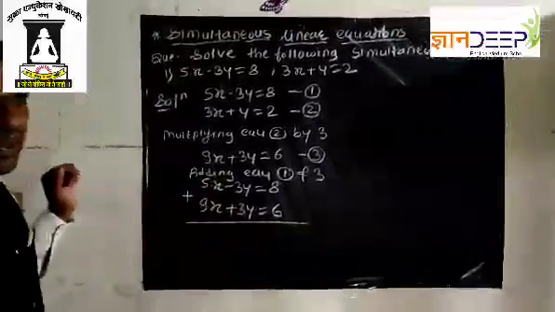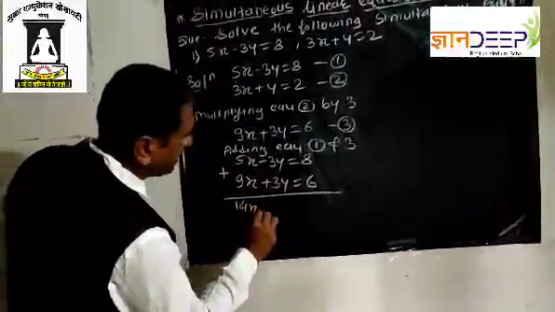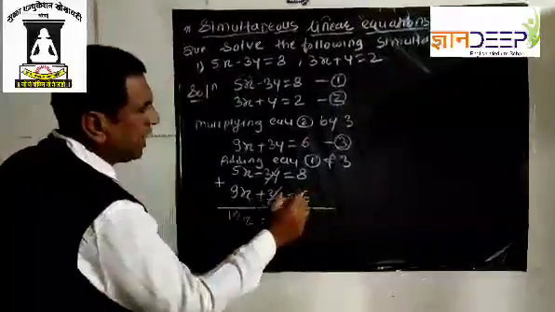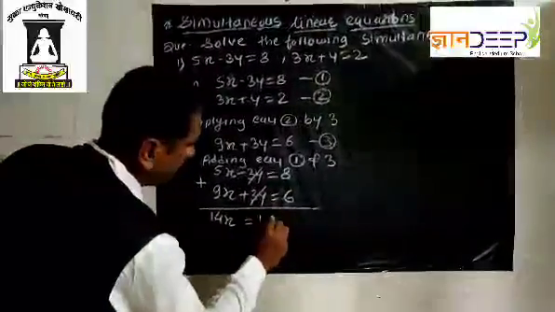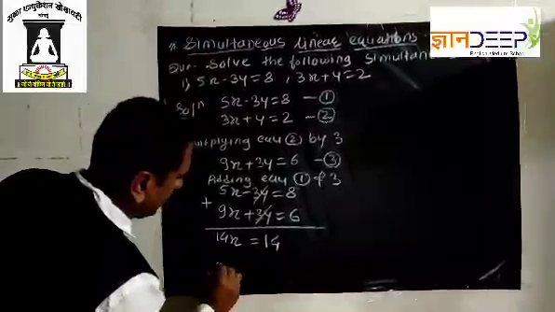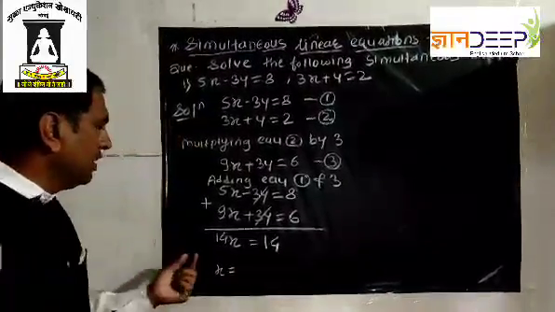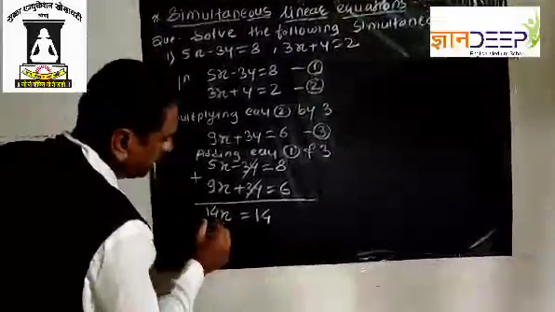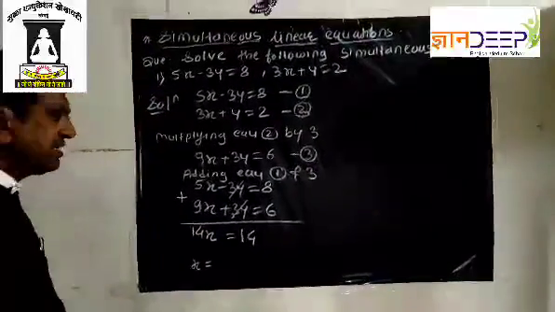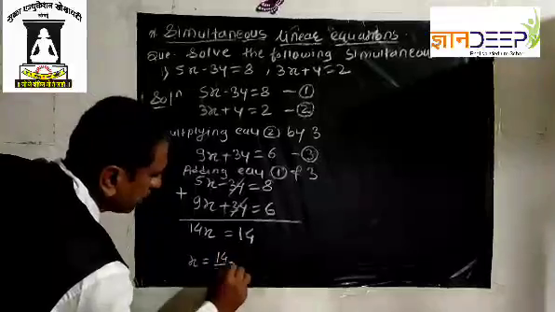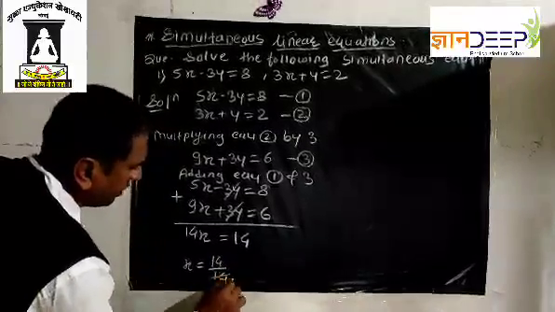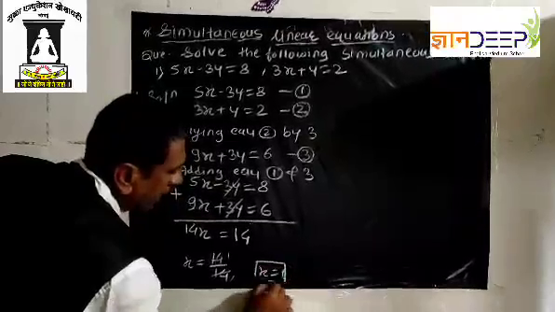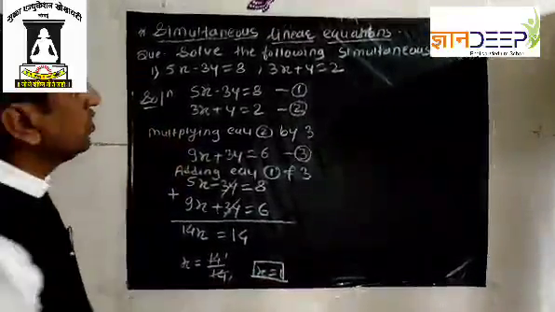So 9 plus 5, 14x plus 3y minus 3y cancel each other is equal to 8 plus 6, 14. Then 14x is equal to 14. So x is equal to 14 upon 14, 14 ones are 14, 14 ones are 14. So x is equal to 1.